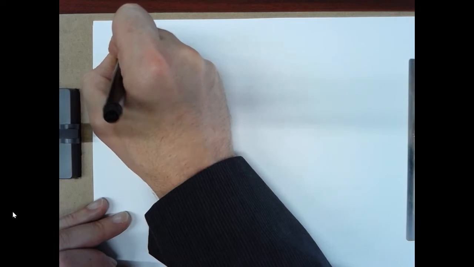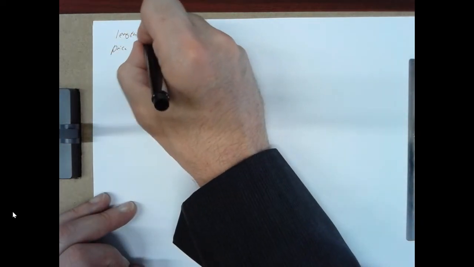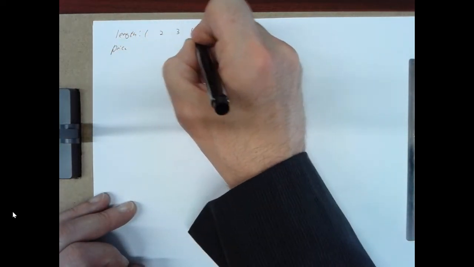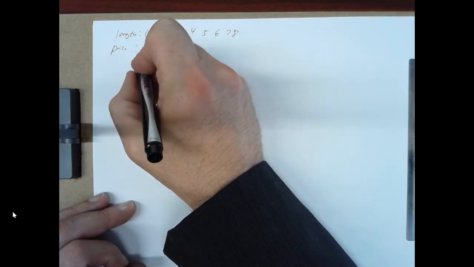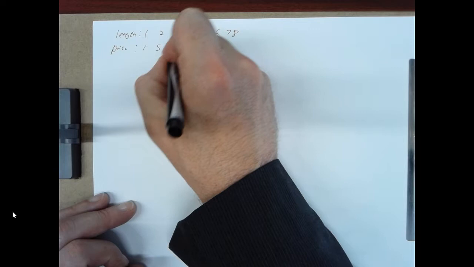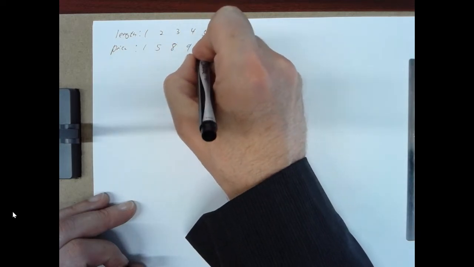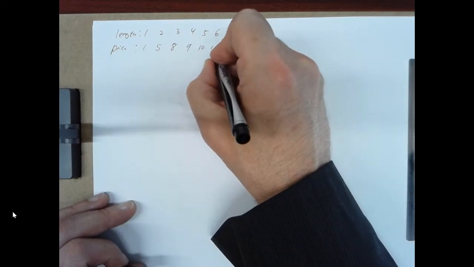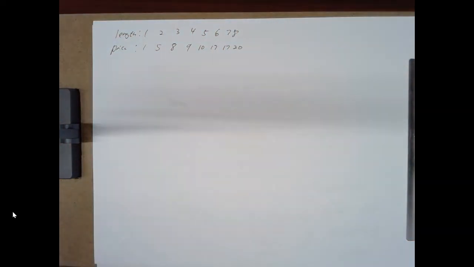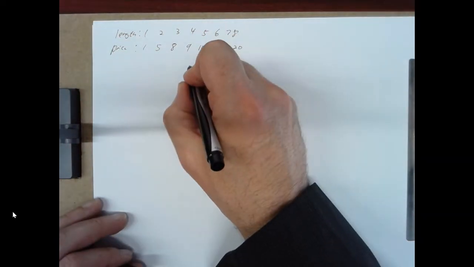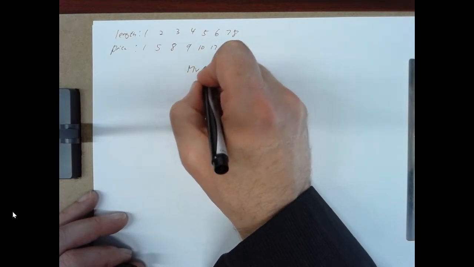So what does this look like if we try to actually do this? Right, we want to find max val of 8.